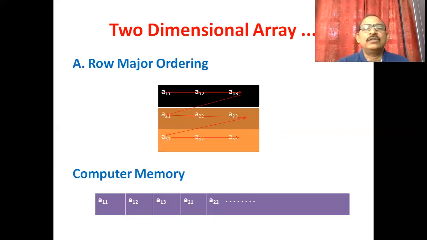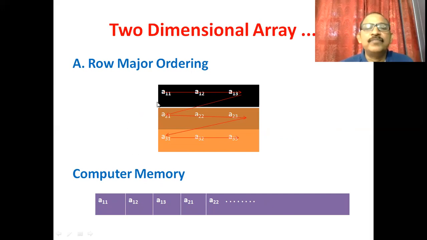Let us see what is row major ordering. In row major ordering, first all elements of the first row are stored completely into the computer memory. Then all elements of the next row are stored into the computer memory, then the next row, and so on.